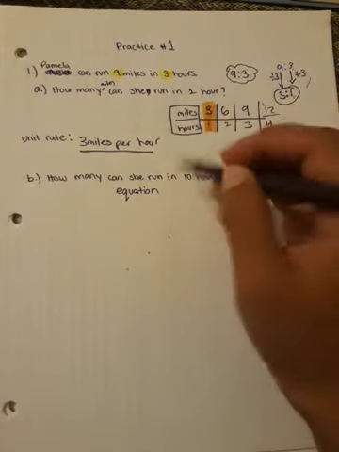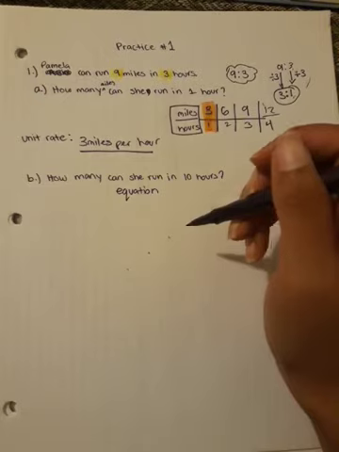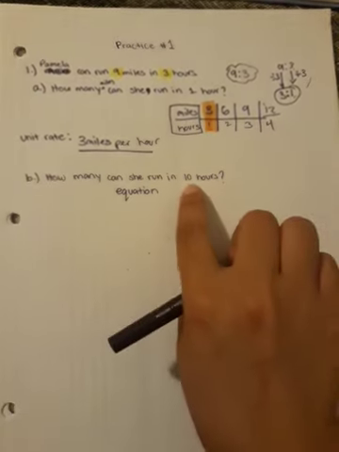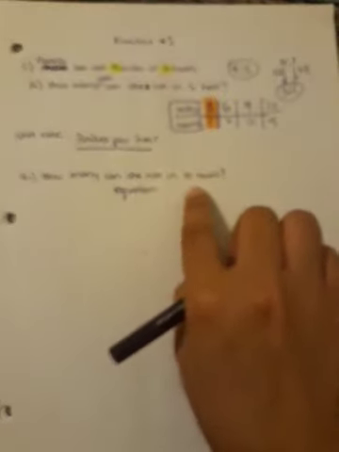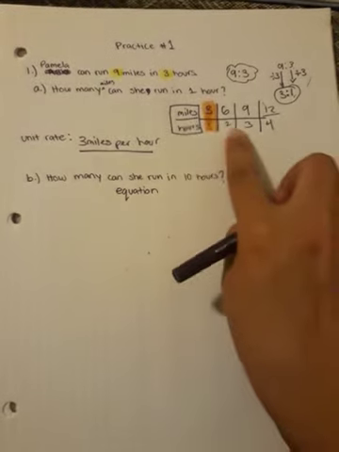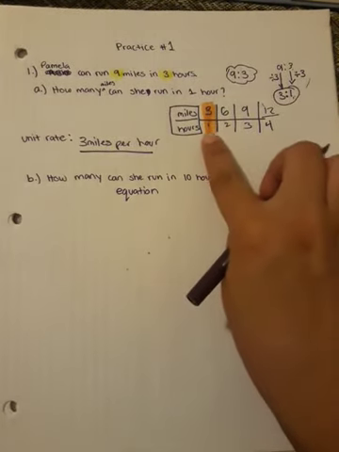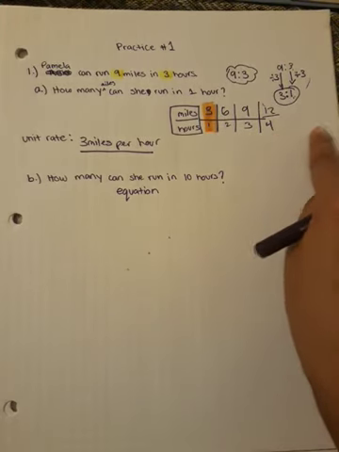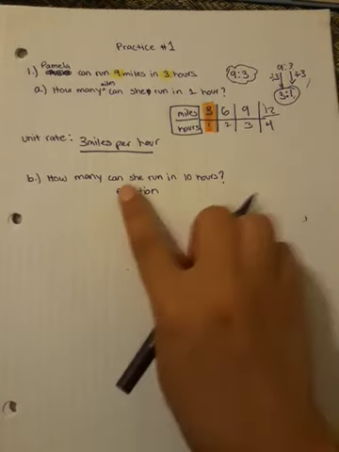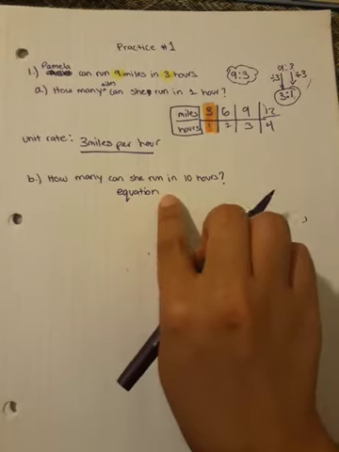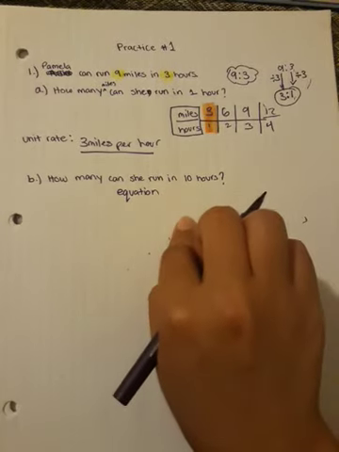Equations are always a good tool to use when you're trying to find bigger answers. For 10 hours, doing a table may be more time consuming because now you have to extend the table all the way down to 10. But a simple equation can have you solve it a lot faster.